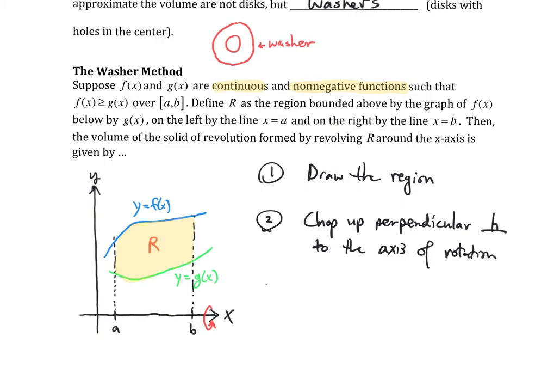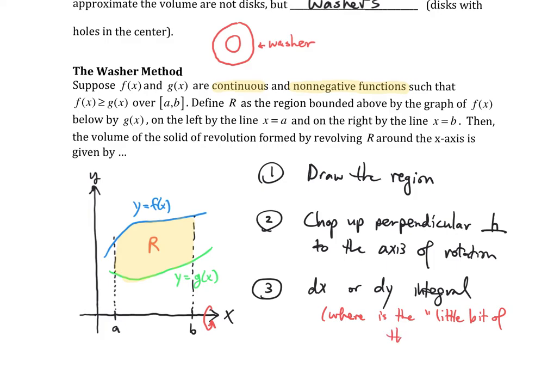The third thing I would do is decide, is it a dx integral or a dy integral? And the way you're going to decide that is you're going to see where is the little bit of thickness.